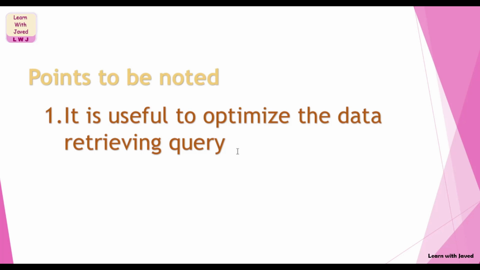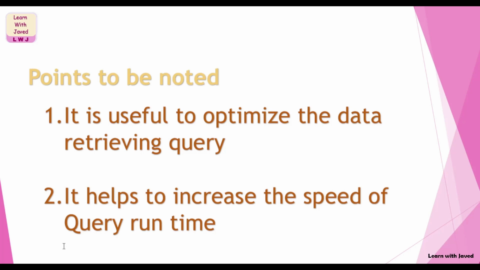Okay, so let me show you another point. The second point is basically it helps to increase the speed of query runtime. Okay, so again in our example what we did, we removed the additional number of rows, that we actually don't need. We only need the rows which has country France and discount band high.